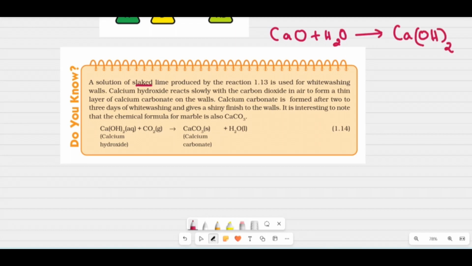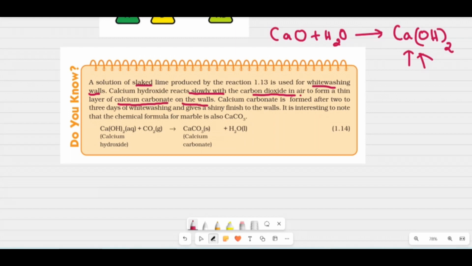If you take a solution of this slaked lime, it can be used for whitewashing the walls. When you do whitewashing with this calcium hydroxide or slaked lime, it slowly absorbs carbon dioxide from the air and forms a thin layer of calcium carbonate on the walls.